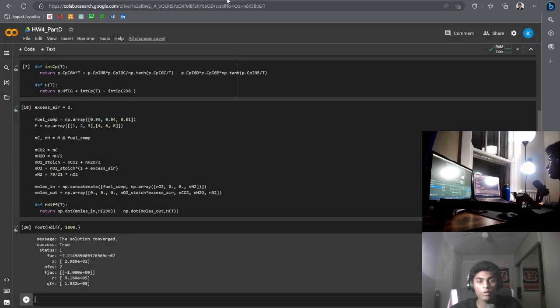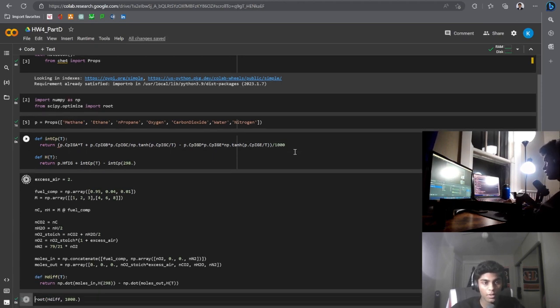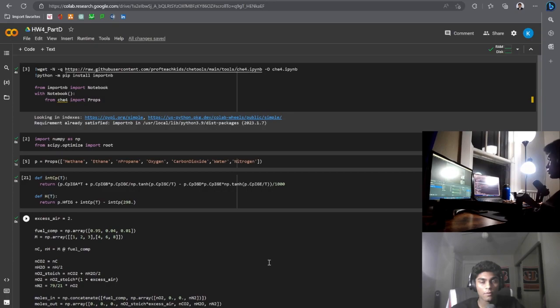And so in order to fix this problem, we can go up to here to our integral of Cp, and we divide this by 1000, I believe. Yes. Now we get a temperature in the thousands range. So that is the adiabatic flame temperature for this reaction.